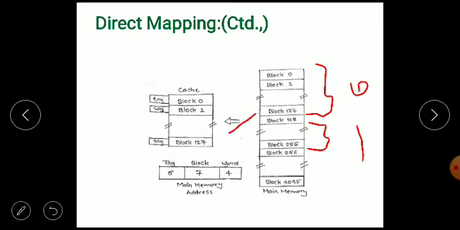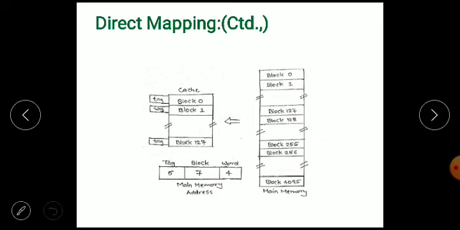That is block 127, block 255, block 4095. These are the last blocks of some pages, right? So they should be mapped into block 127, right? So this is called direct mapping, right?